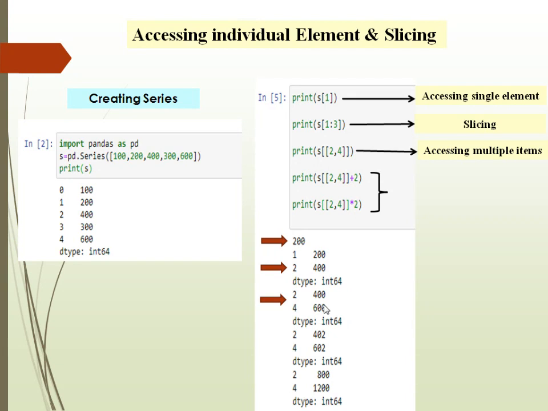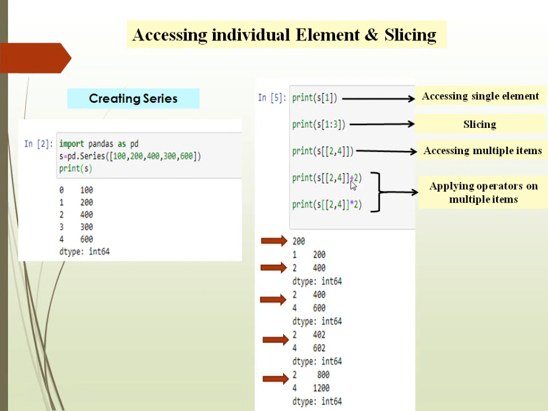Now we'll come to the next. If I want to apply a few mathematical operators like plus, multiply, minus, divide on the series, then I can do it like this. With the help of this, we can apply addition on both the values, the 2nd and 4th position values. See how it is possible? The answer is 402 and 602, because the values are 400 and 600.